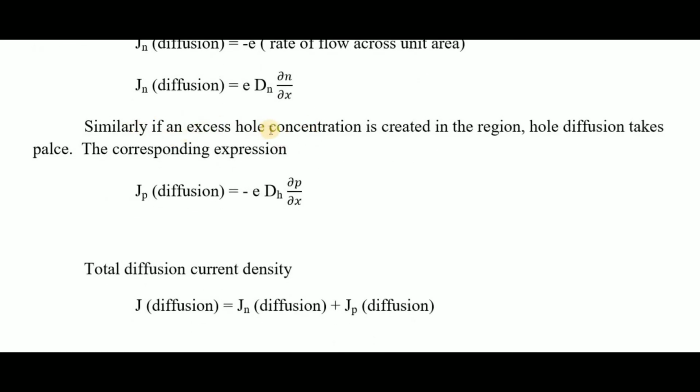Similarly, if an excess hole concentration is created in a region, hole diffusion takes place. The corresponding expression is Jp, that means current density due to positive charge or hole diffusion, equal to minus e into Dp into dou p by dou x.